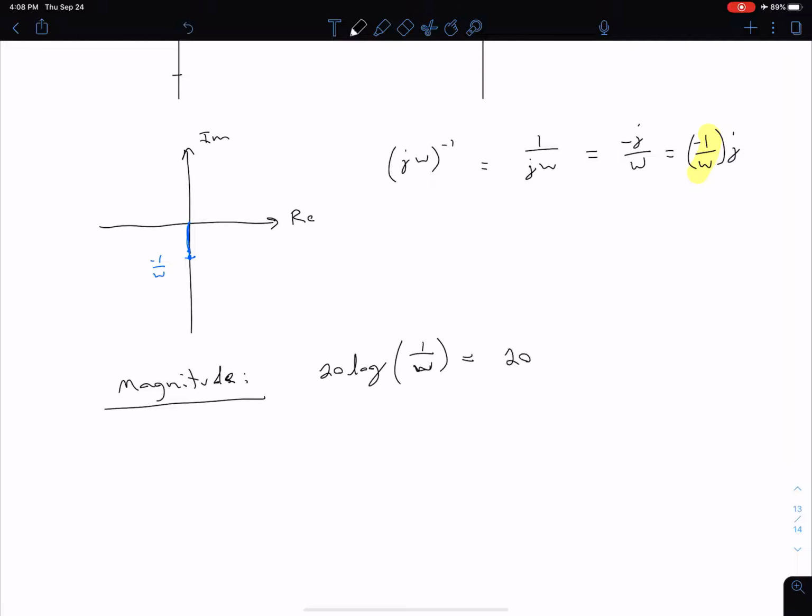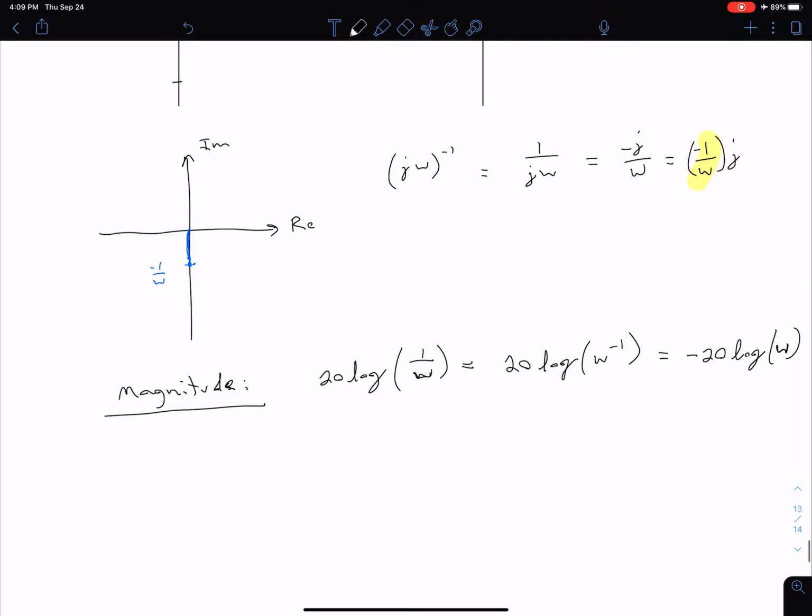Well, I can write that as 20 log of omega to the minus 1. And then I can use my log properties to bring that negative 1 down and say that this is negative 20 log of omega. So we see this is the same form as what we had for the 0 at the origin. The only difference is we have this negative sign out front. So let's see what that means.